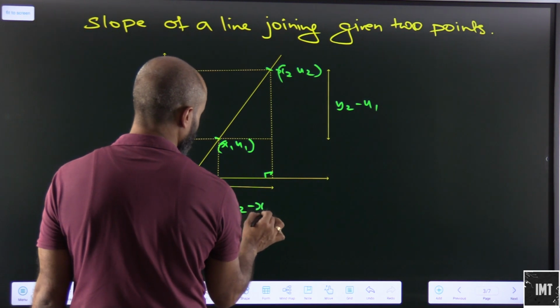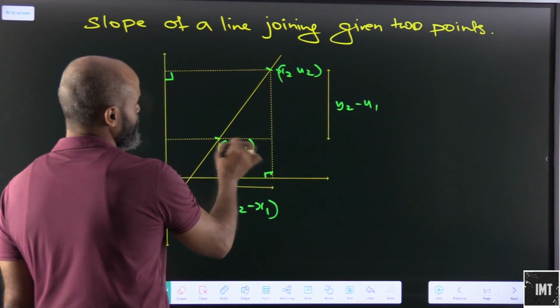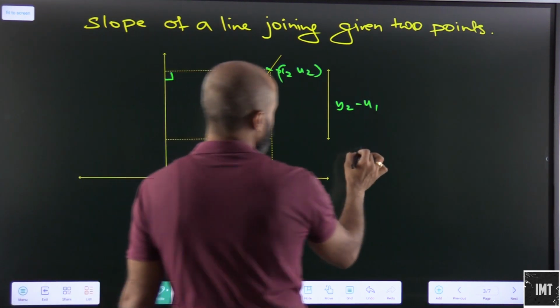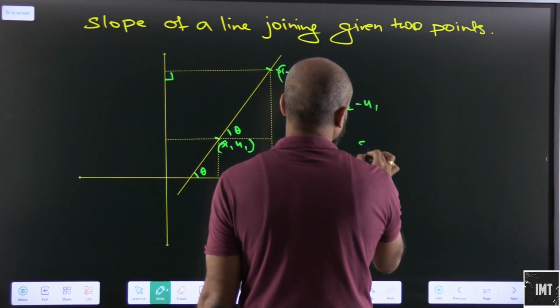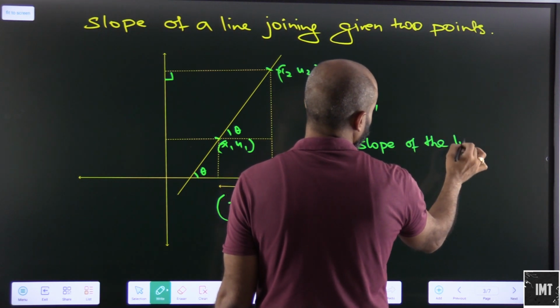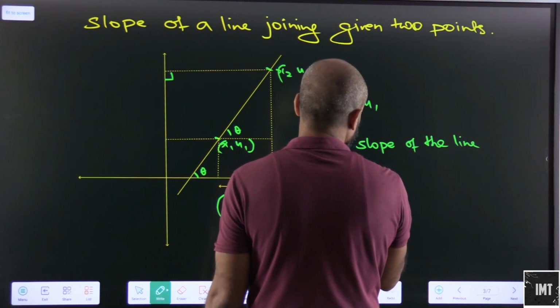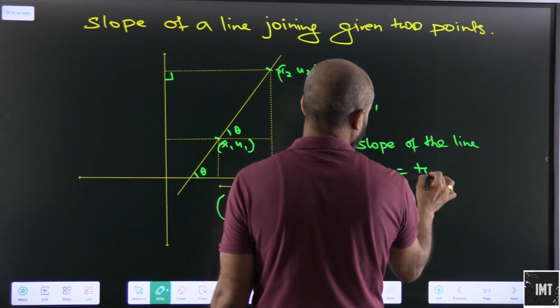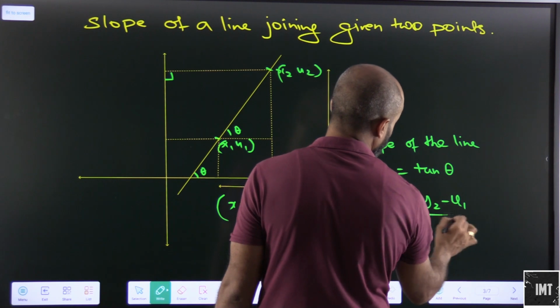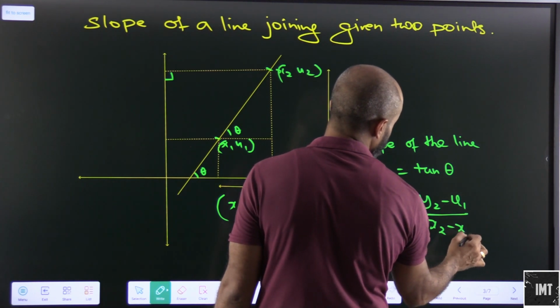And we know that if this is theta, obviously this will also be theta. So we have here the slope of the line m will be equal to tan theta, and that will be how much? y2 minus y1 upon x2 minus x1.